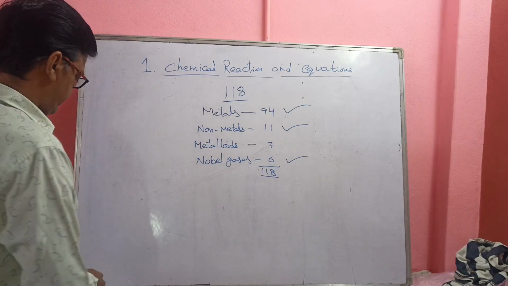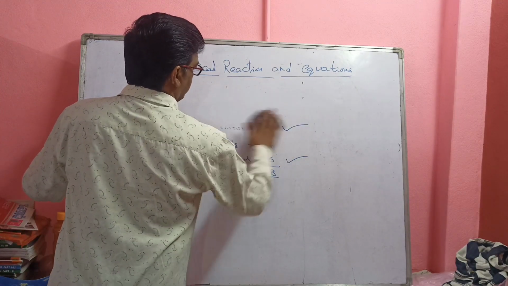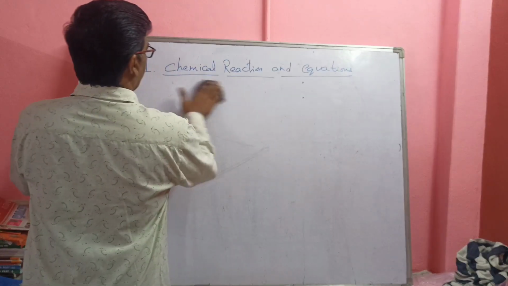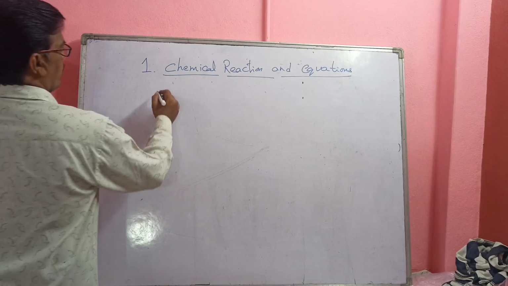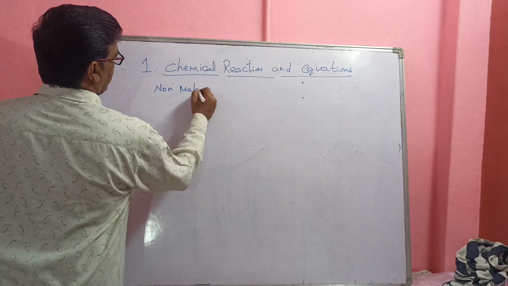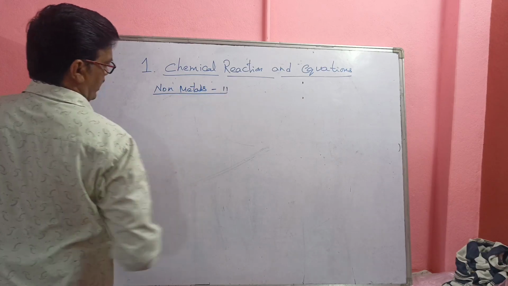Make a note of non-metals first. If you know, no problem. How many non-metals are there in total? There are only 11 non-metals.